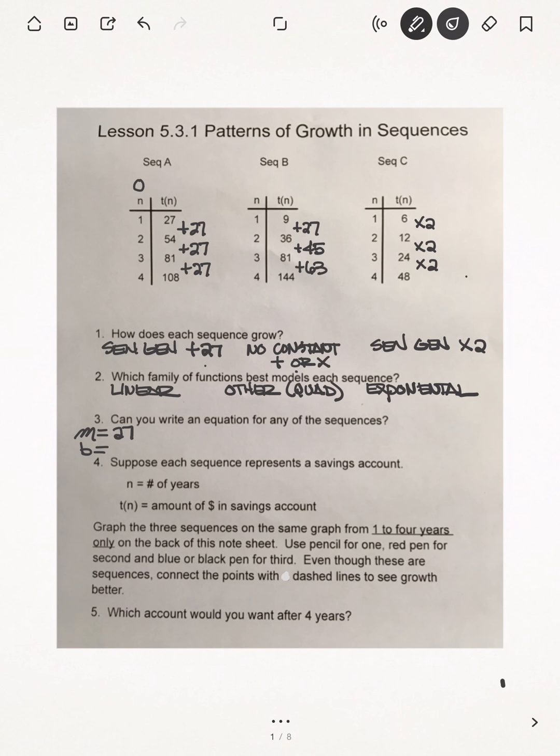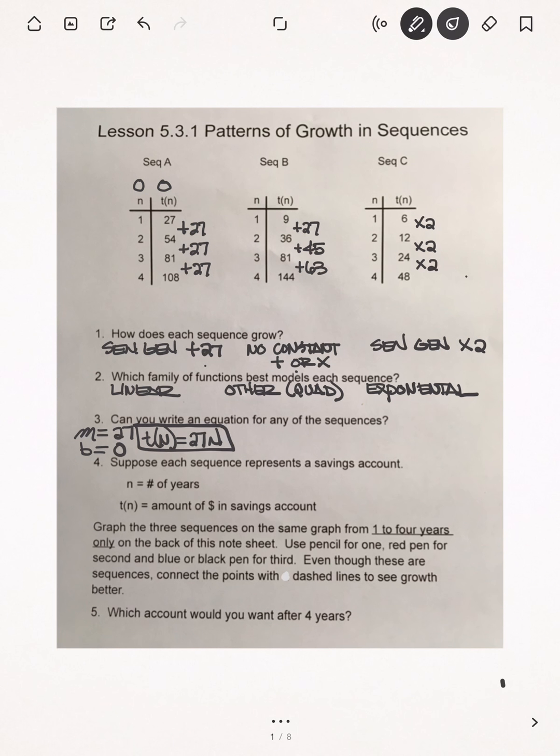So 27 minus 27 is 0. So my b is 0. Since this is a linear equation and I found m and b, I can write its equation. Since this is a sequence, I'm going to say T of n is equal to mn plus b. Well, m is 27 times n plus b, but b is 0, so I don't have to write it at all. And that is my linear equation for sequence A.